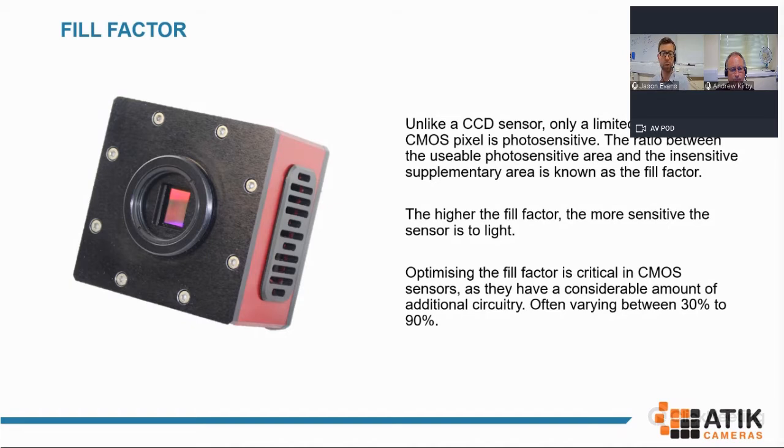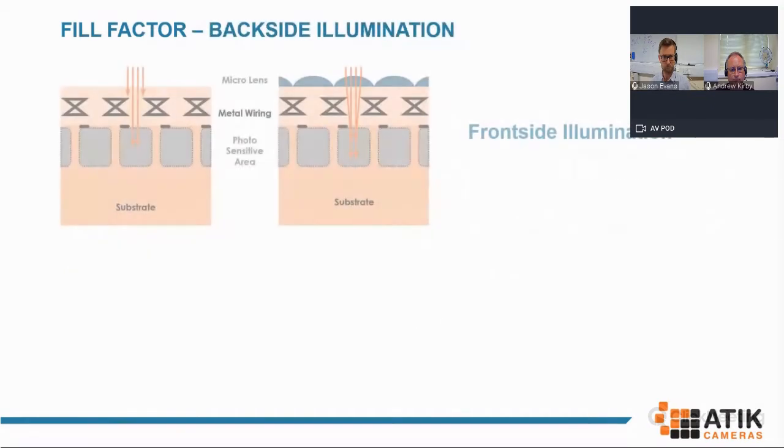Now, due to the integrated circuitry and on-pixel digitization, standard CMOS sensors can suffer more than their CCD counterparts when it comes to fill factor. But we'll have a look at some imagery to help further explain it. If we look on the top left at this first image, we can see a basic CMOS sensor from a design perspective.